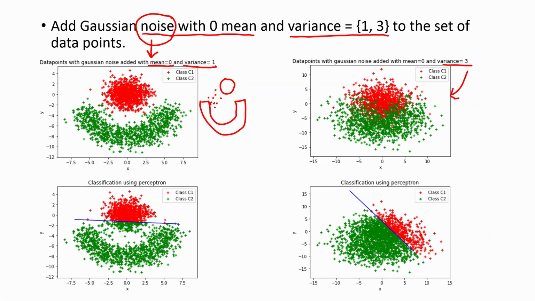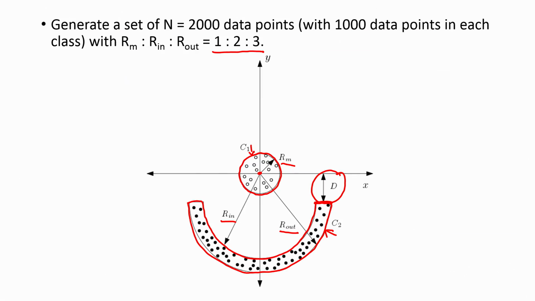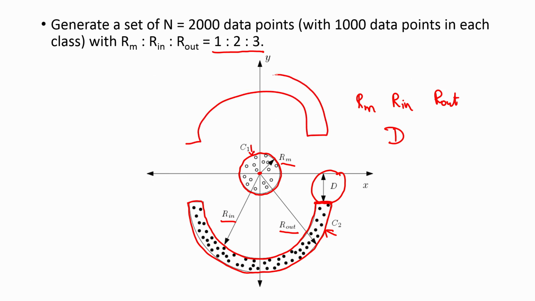We have given you the values of the ratio in which you can choose multiple values for Rm, Rn and Rout. You can choose various values of d. You can probably have another class maybe over here.